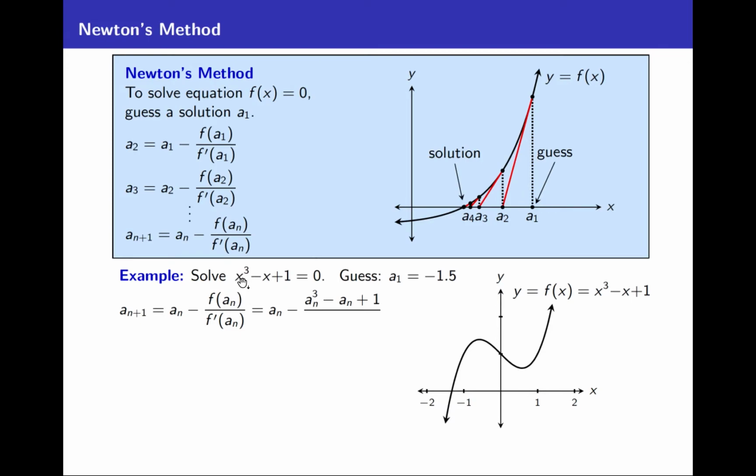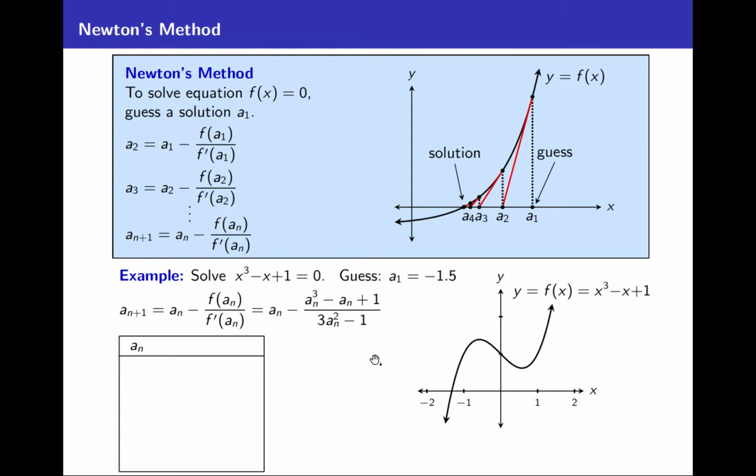You're just plugging a sub n into f, so that's a sub n cubed minus a sub n plus 1. And it's divided by f prime of a sub n. And let's see, f prime would be 3x squared minus 1. So that's 3 a sub n squared minus 1. So this is the expression that we're going to use to get a sub n plus 1 when we already have a sub n value.